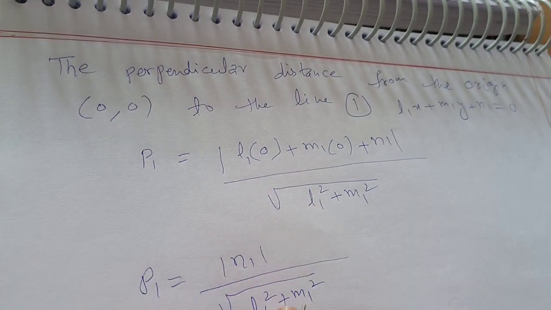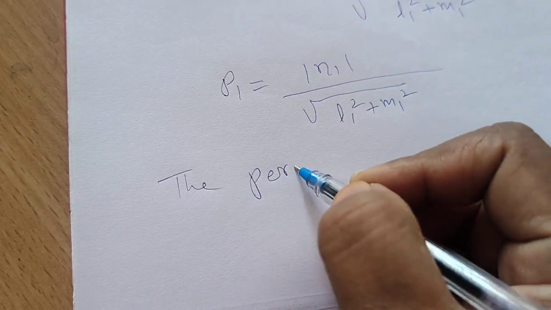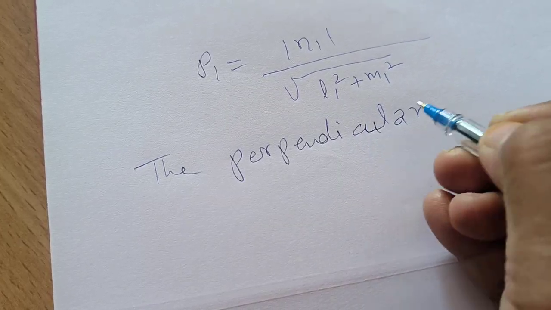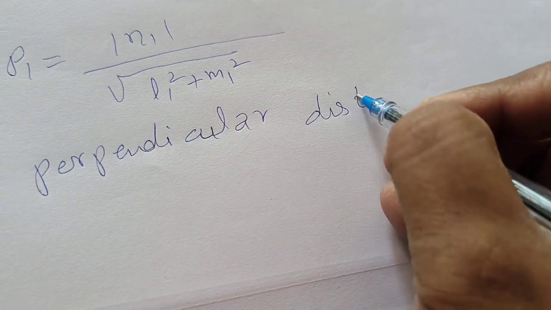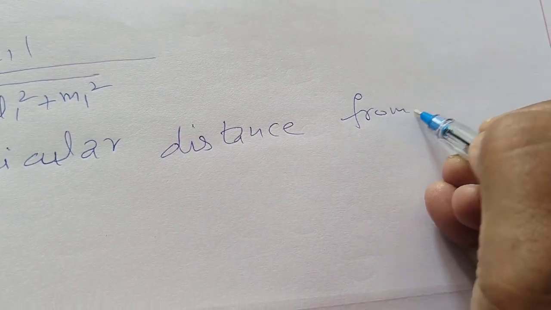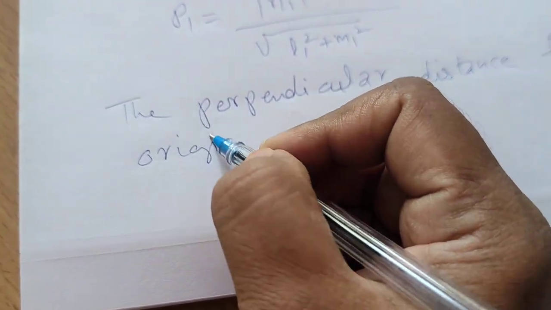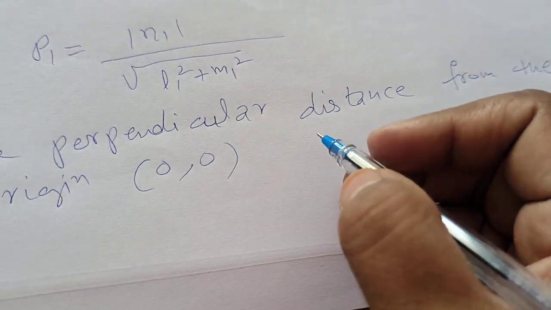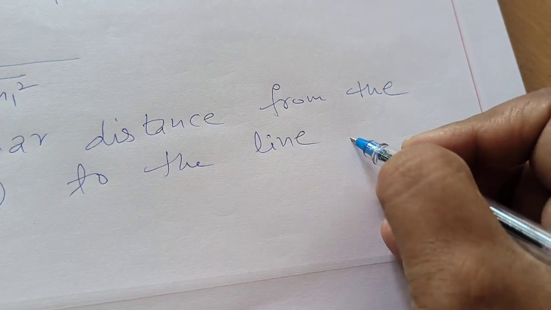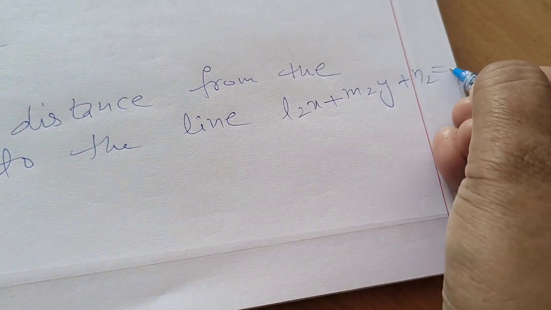Similarly, we will write the perpendicular distance from the origin (0, 0) to the second line. The second line is L2x plus M2y plus N2 is equal to 0.